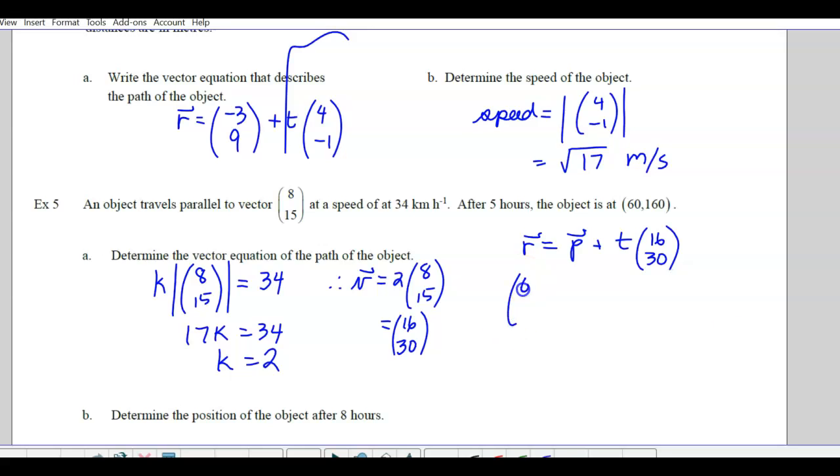So we put (60, 160) in for r, and then I'm just going to call this (x1, y1). Oops, and then put in, not t, put in 5 there for t. Okay. So now you want to solve for x1 and y1.